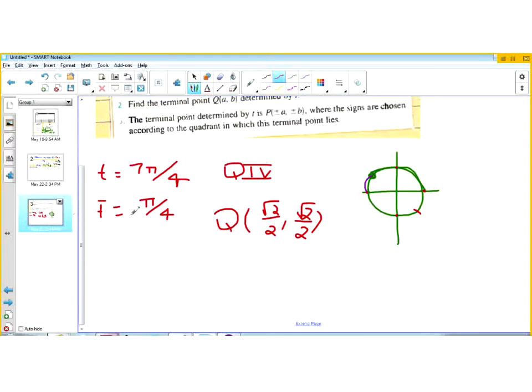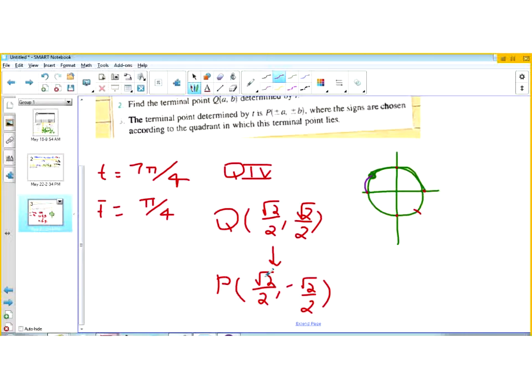That's for q, and that came from the table. So now we make the adjustments for which quadrant we're in, and in this quadrant, the abscissa is positive and the ordinate is negative. So this would be the coordinates of my terminal point.